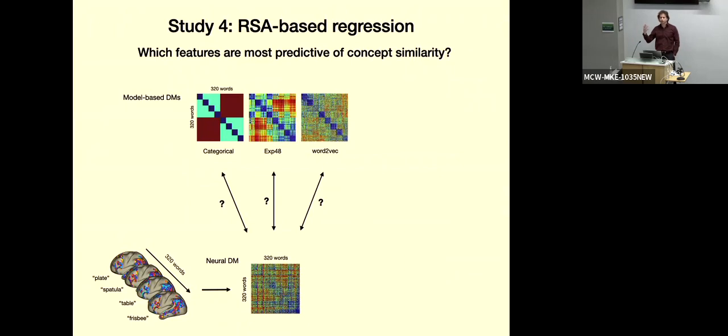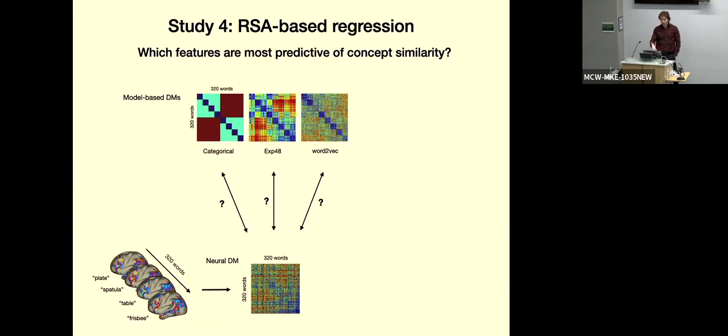How important is color to concept representation compared to, say, emotional valence? That's something that we still don't know. We all know that when you combine them all, they predict the similarity structure of concepts really well. But how much does each different experiential feature contribute? So that's the question we're asking now.